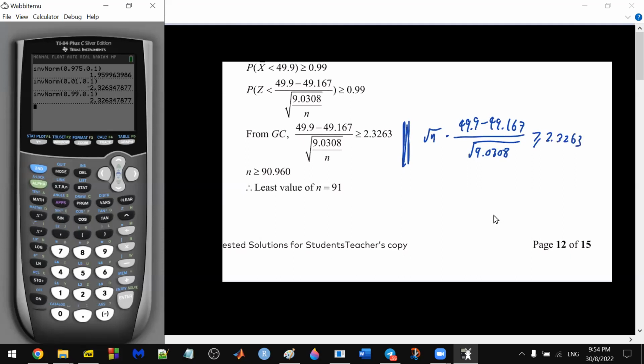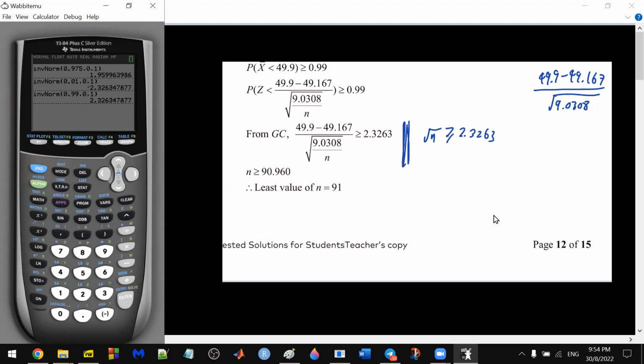Then you just take this whole thing, you divide over. So you end up with this guy divided by that fraction. Then afterwards, you need to square it. 2.3263 divided by that fraction first, and then you square it.